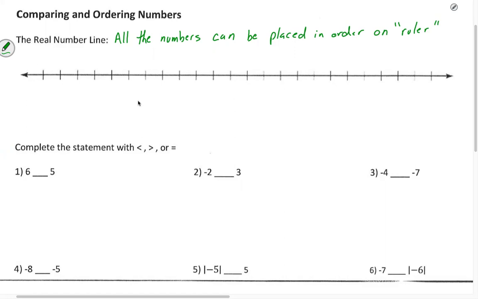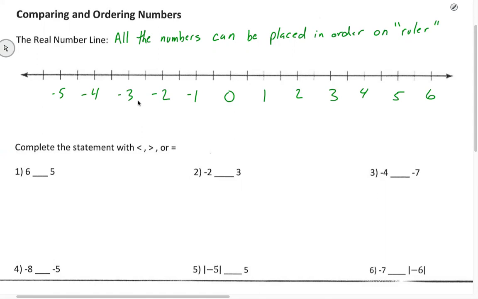We're going to have a positive side of the ruler and a negative side. Let's put 0 in the middle, and then 1, 2, 3, 4, 5, 6. On the negative side, we have -1, -2, -3, -4, -5, and then we can't fit in -6.